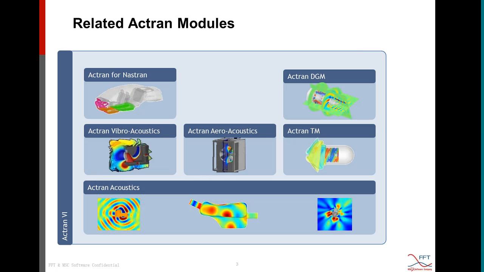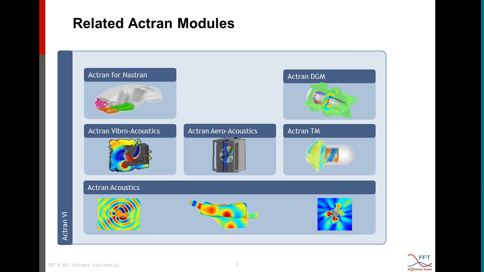So first, as introduced several times in previous webinar sessions, we know that Actran software is divided into different modules for solving basic acoustic problems or more advanced and complex vibro-acoustics or aero-acoustic problems.